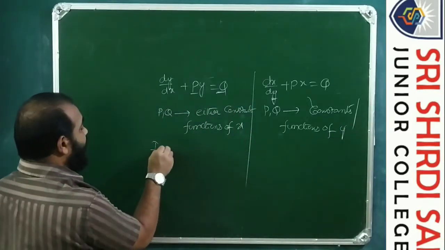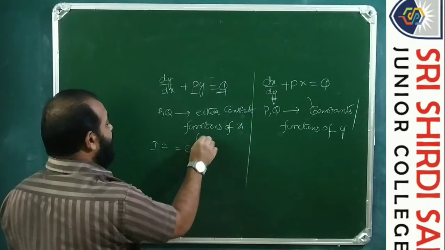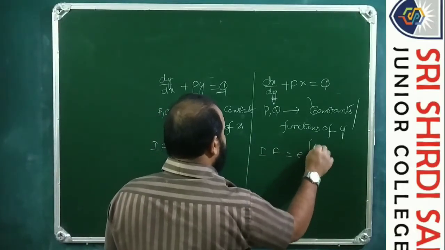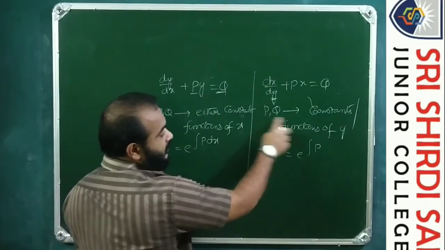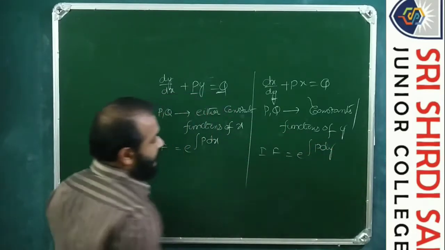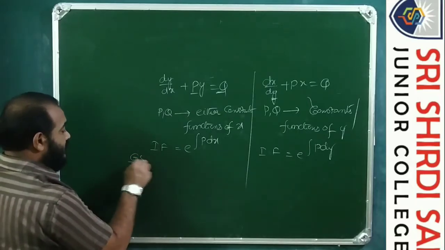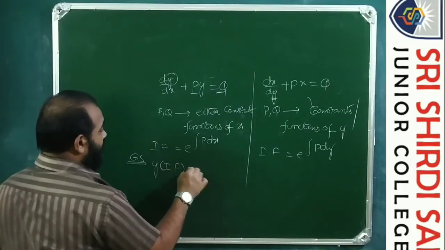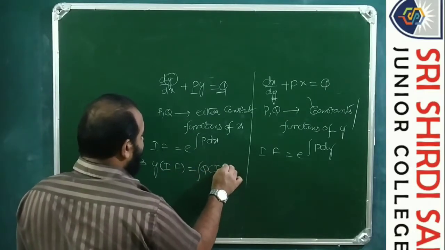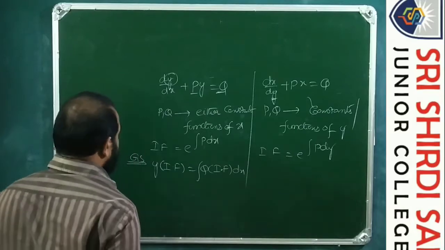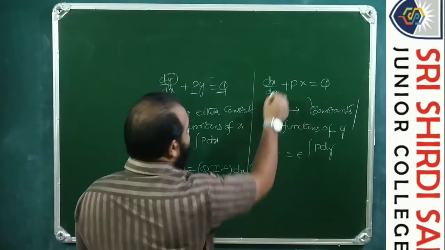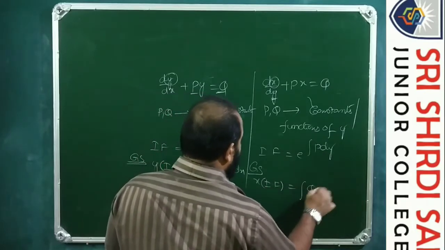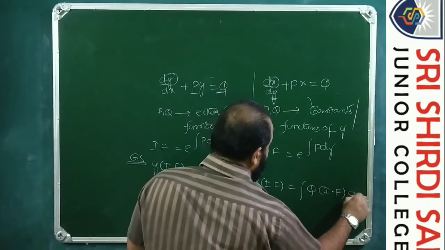So here the integrating factor is e power integral p dx. Here the integrating factor is equal to e power integral p dy, since p is in terms of y. Here the general solution is: y into integrating factor equals integral q into integrating factor into dx. So here the general solution is x into integrating factor equals integral q into integrating factor into dy.